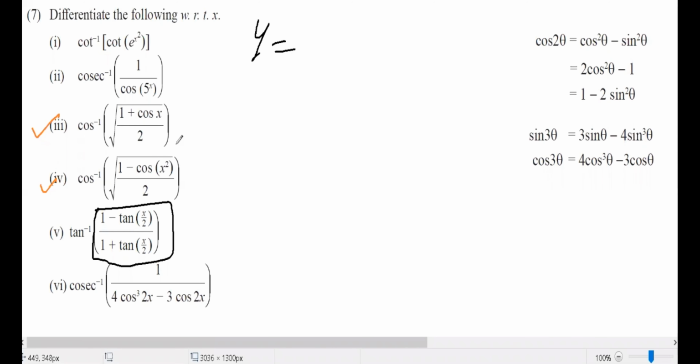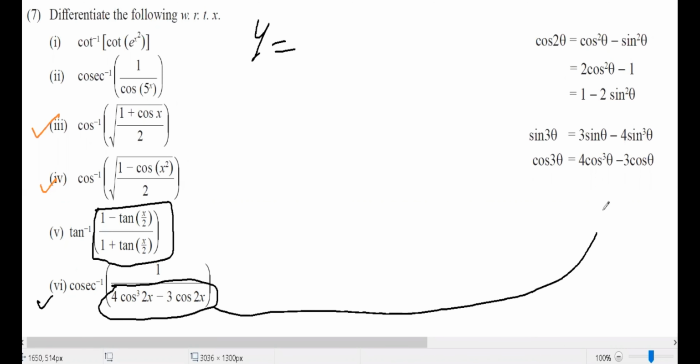Okay, fine. Now let's solve sub question number 6. What is it? It is cosec inverse of 1 upon 4 cos cube 2x minus 3 cos 2x. Okay, so I should be able to relate this with a particular formula. It says it is cos of 3 theta.